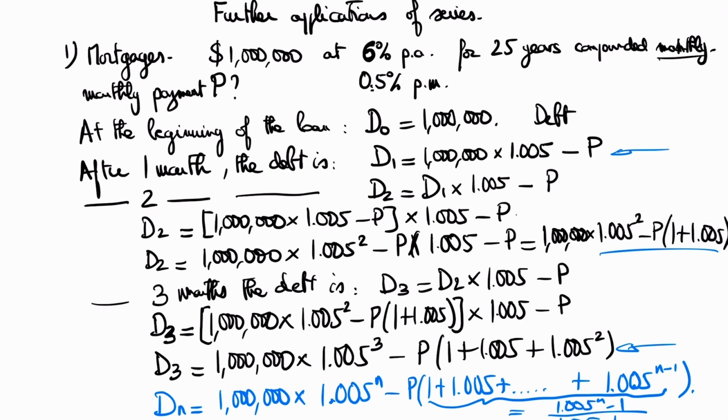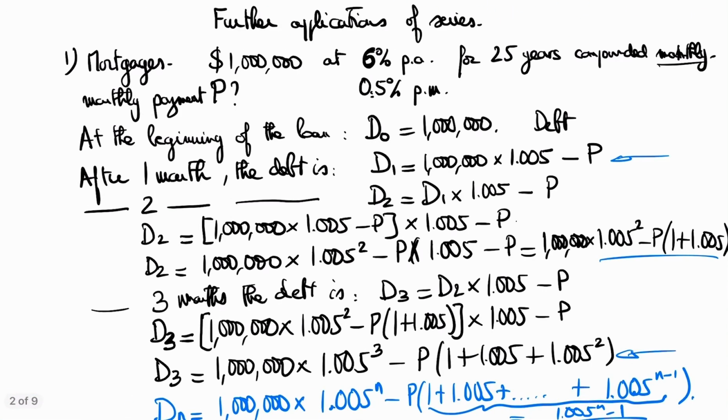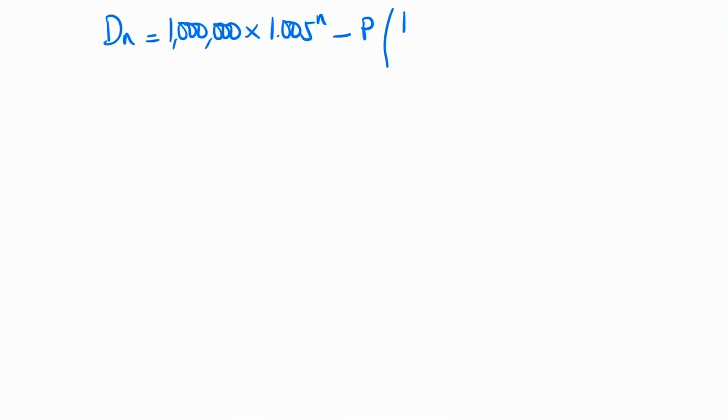Right, so let's rewrite Dn a bit. Dn, therefore, is 1 million times 1.005 to the power of n, minus P times 1.005 to the power of n minus 1 over 0.005.